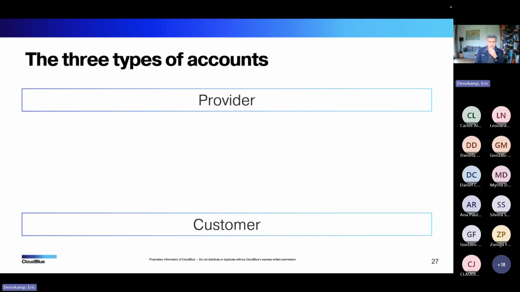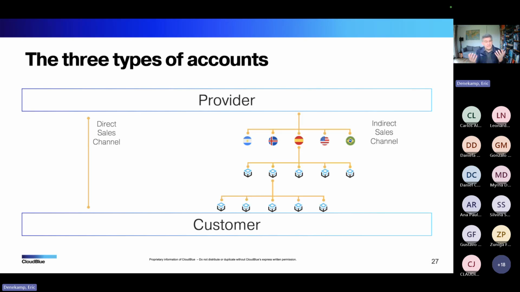As we said, three types of account. We've got a provider and a customer. So if there is a relationship from the customer directly to the provider, we call it a direct sales channel. If there are resellers in between, one or multiple levels, doesn't matter, we call it an indirect sales channel.